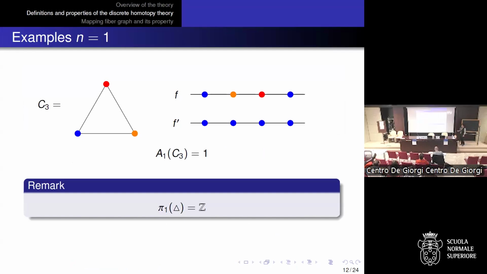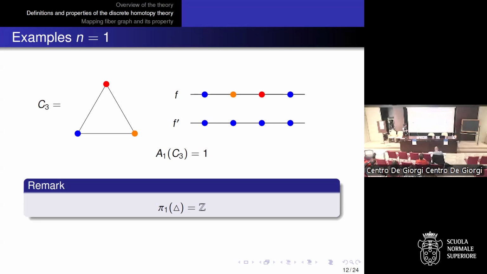So let's see an example. This is a triangle graph. Then consider a graph map like this F. Then this map F can be contracted, because we consider this contraction. At once we contract the orange and red vertices to the blue vertex.